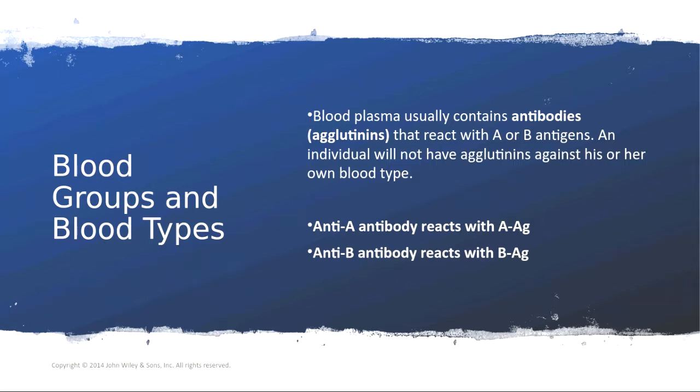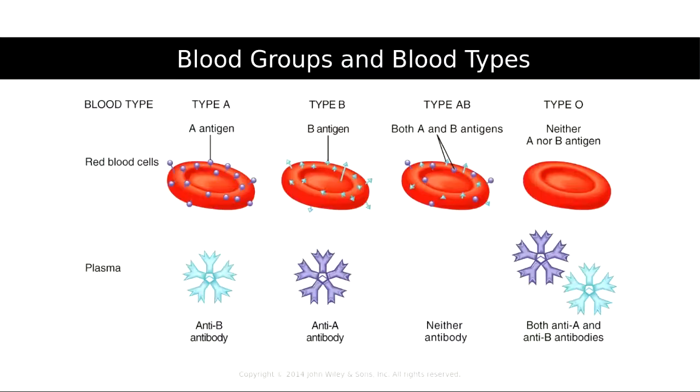These are anti-A antibody, which can react with A antigen, and anti-B antibody, which can react with B antigen. The antibodies present in each of the four ABO blood types are shown in this picture.